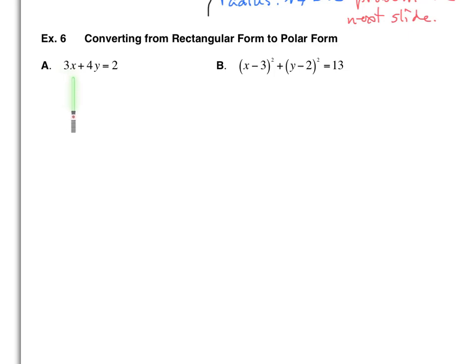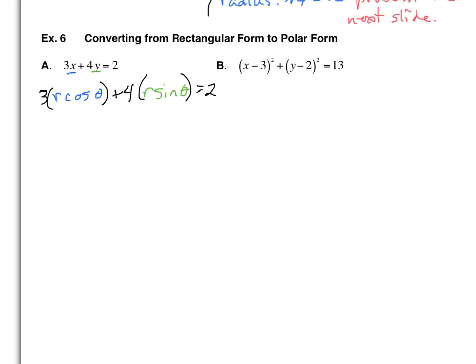R times the cosine of theta. Is there a direct substitution for y? R times the sine of theta. So that's what we're going to use. So we've got 3, and instead of x, I'm replacing that with r cosine of theta plus 4, and instead of y, we're replacing that with r sine of theta equals 2.